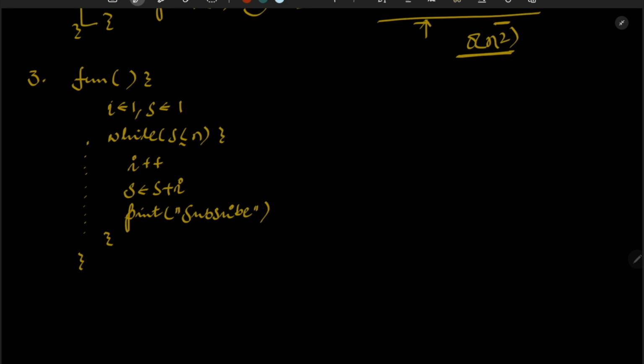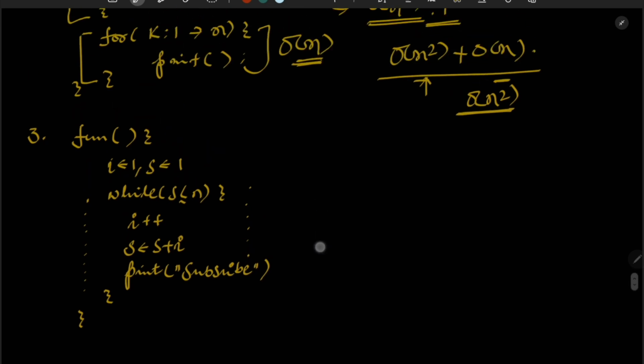And then we have a print statement. So this is something wherein we are not seeing a linear increase in the value, so we cannot say that this is running n times, so the time complexity is going to be big O of n.